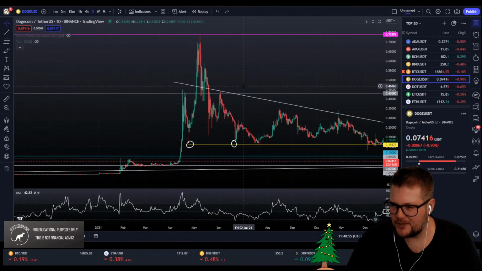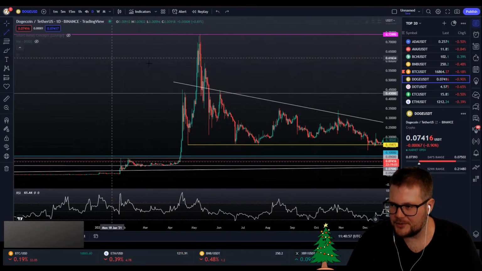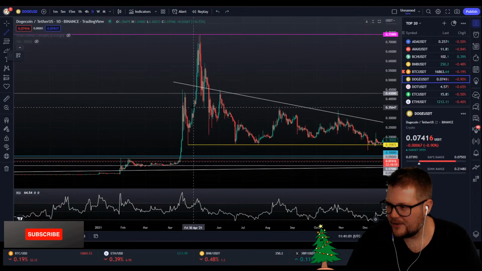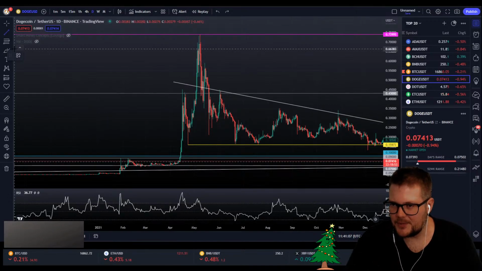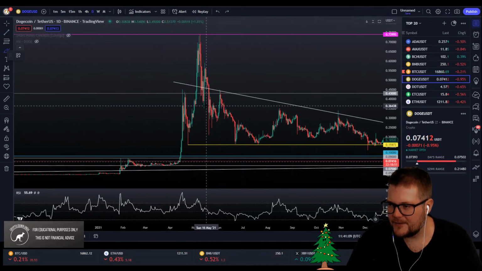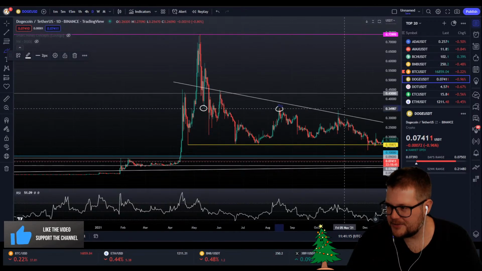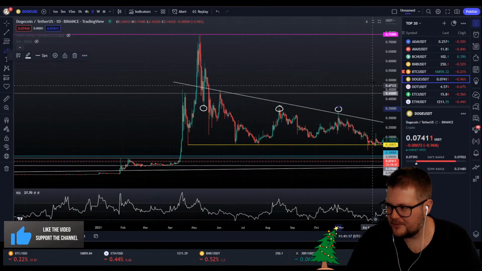16 cents. And then 35 is another key level I can see here, judging by this wick down here, touch, this pivot here, bounce, this pivot here.